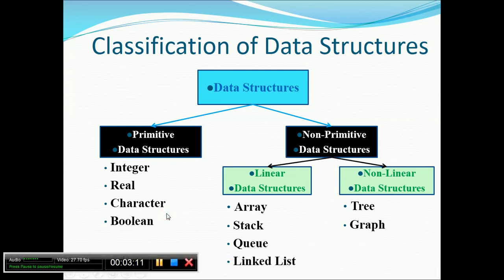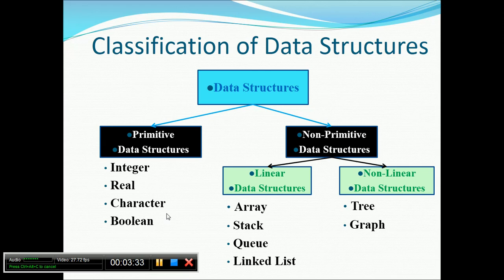For example, integer can store a single integer. At the same time real can store a single piece of information, character can store a single character, boolean can store a true or false. These are the primitive data structures that are defined in a programming language and they are dependent on the programming language itself.